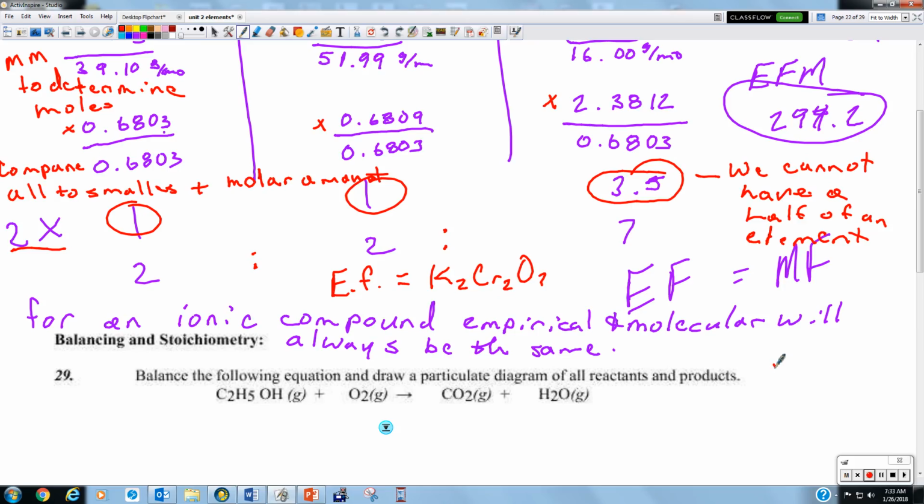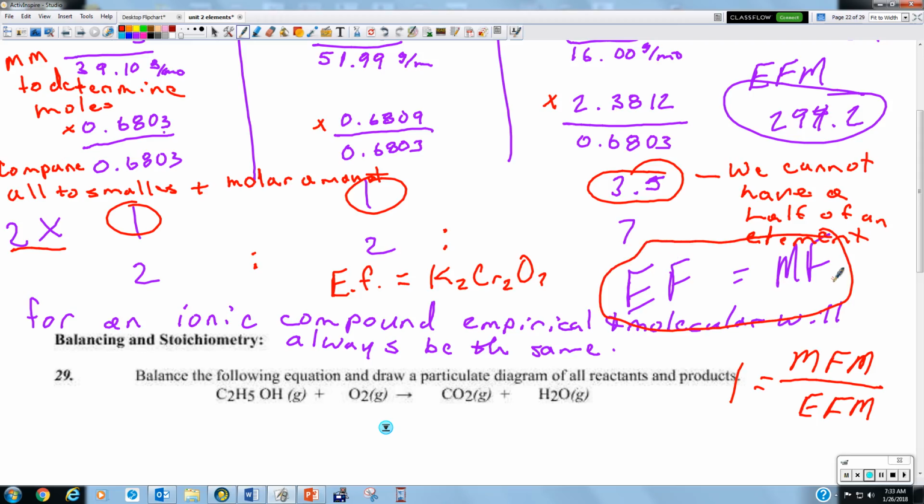To get our multiplier, it is molecular formula mass over empirical formula mass, and that's going to give us a multiplier. When we determine the empirical formula mass, we find out that it is the exact same number, so that means our multiplier is 1, so therefore our empirical formula and molecular formula are equal.